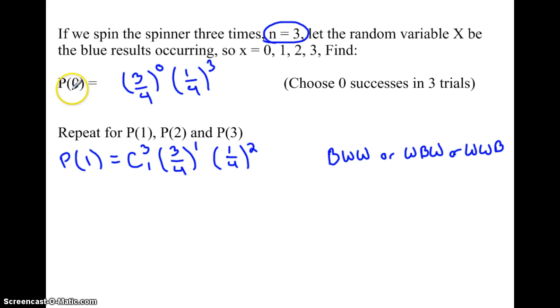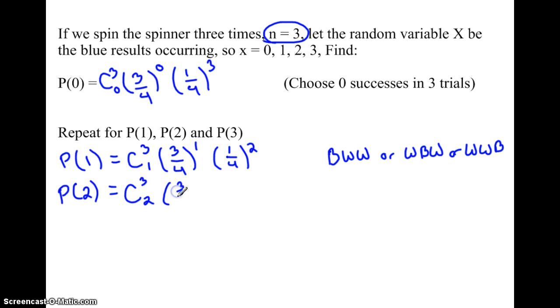If we think back to the probability of 0 successes, that was 3 spins, choosing 0. If I choose 0 out of 3, there's only one way for that to happen. The order didn't matter here because all of them were going to be a failure. I wasn't going to have any successes. So let's look at 2. The probability of getting 2 successes would be the combination of 3 choose 2, which is again 3 different ways.